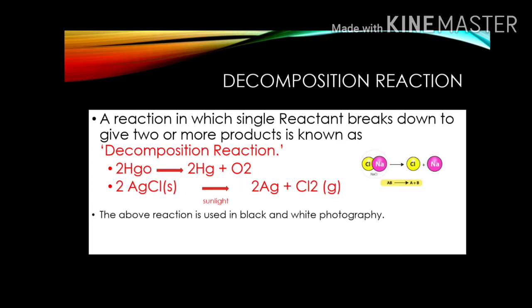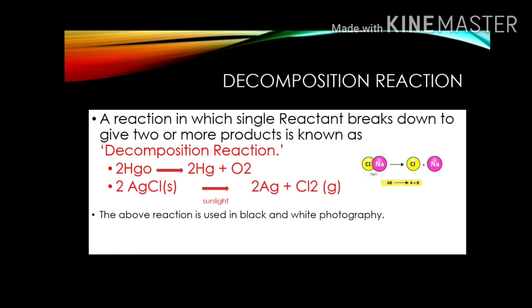When 2 molecules of silver chloride in the presence of sunlight, what do they give? They give 2Ag plus Cl2, that is chlorine gas. And this kind of reaction takes place especially in black and white photography, and it is very easy to learn.